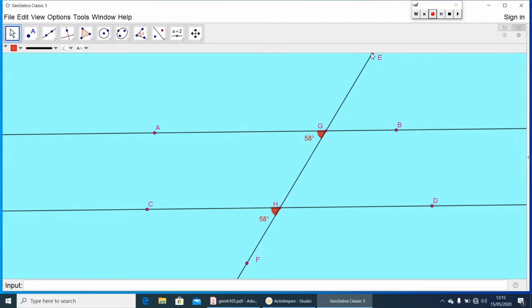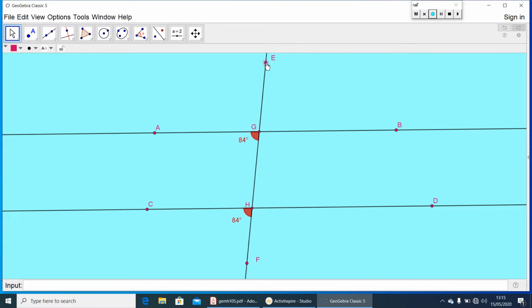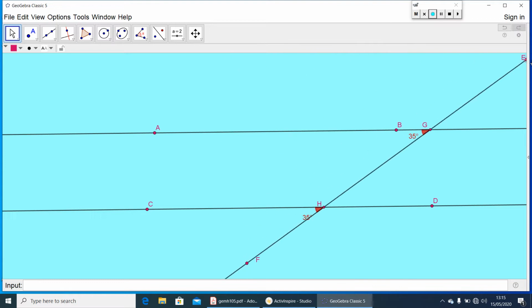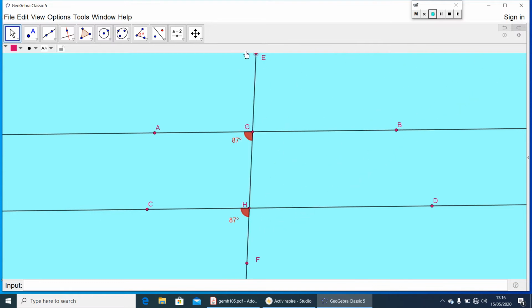What will happen? Here 84, 94. Now look here. In all the cases you can see corresponding angles are equal. If you select another pair and measure it, you can also find that both corresponding angles are equal.